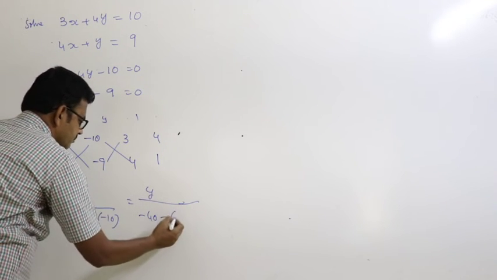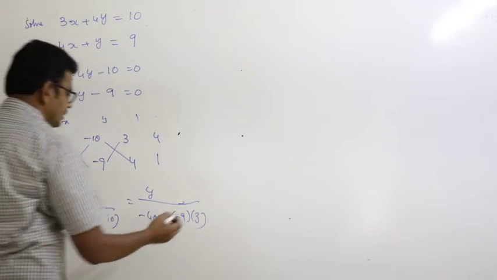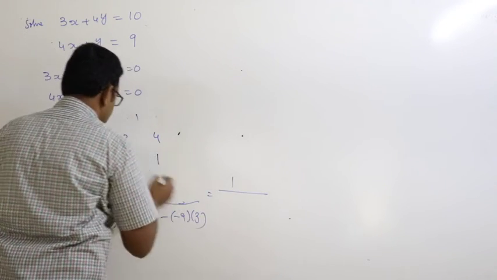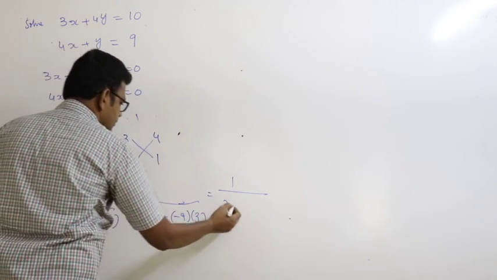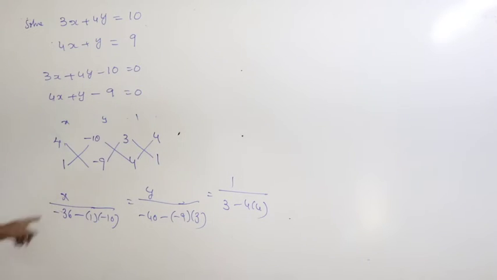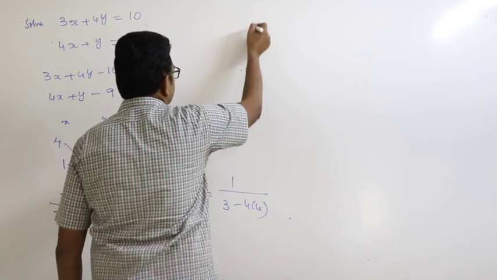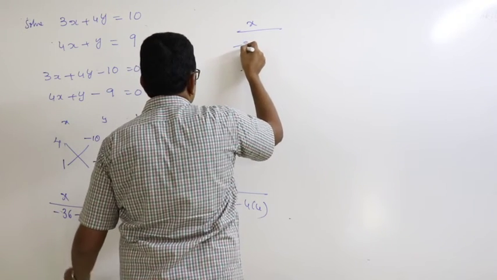Product of these two, minus 9 into 3, is equal to 1 by the product of these two, 3 minus the product of these two, minus 4 into 4. So this is x by minus 36.